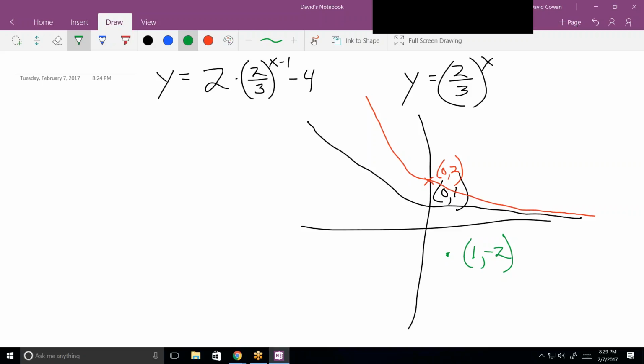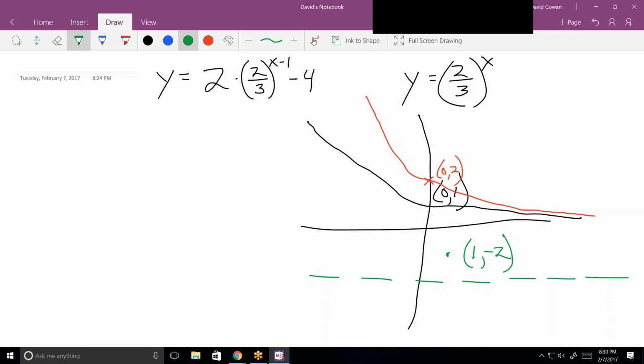So now, to figure out the new horizontal asymptote, all you look for is the vertical shift. The horizontal asymptote is going to be at -4. And that is the equation of a line, so the equation of that asymptote is y equals -4.